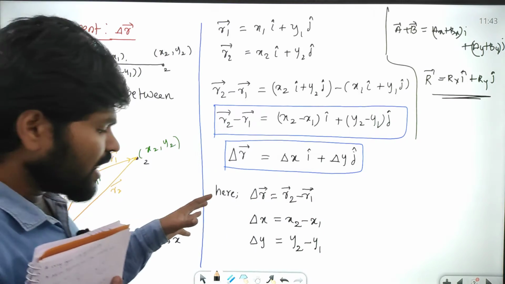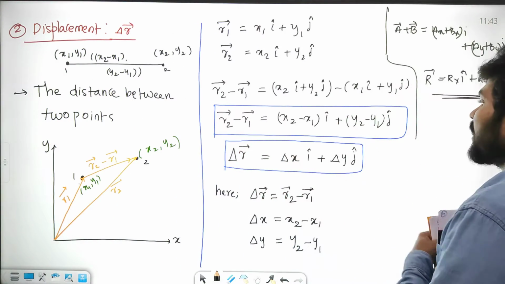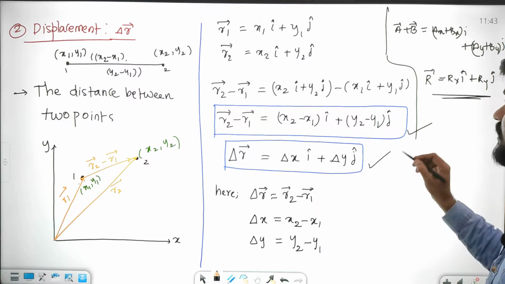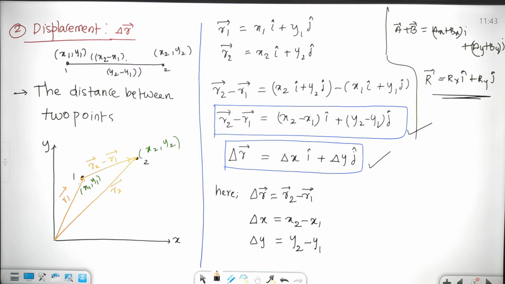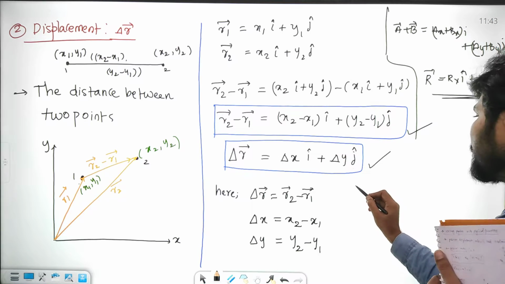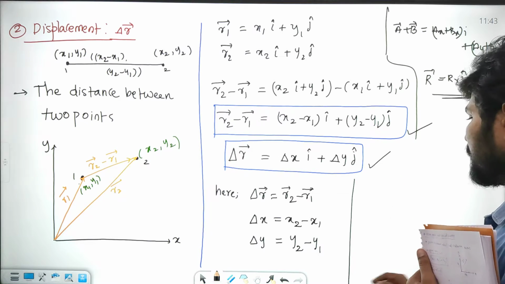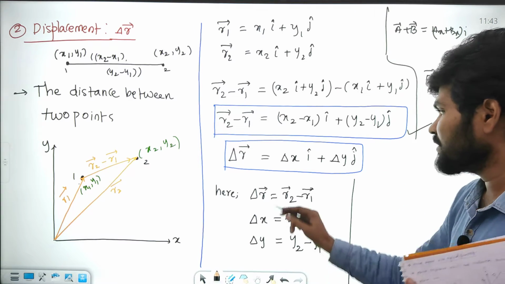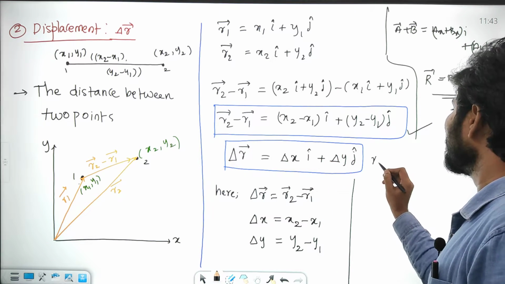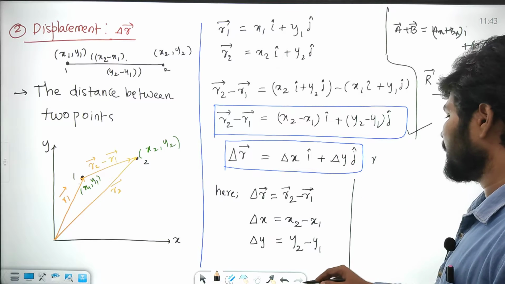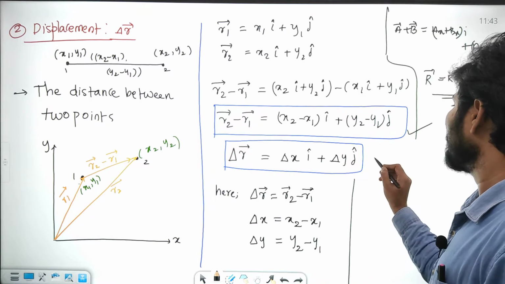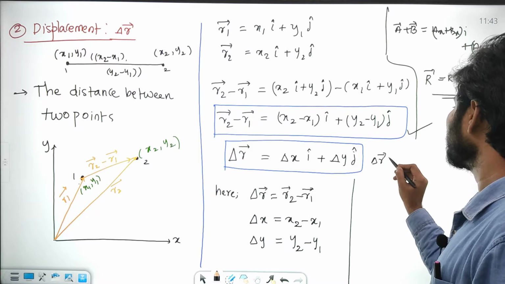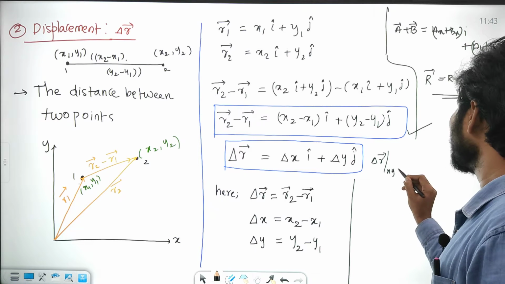So this is the representation of displacement in two-dimensional vector. Sir, what if they give three dimensions? See, three dimension is nothing. If they give three dimensions, the delta r vector is in x, y, z.